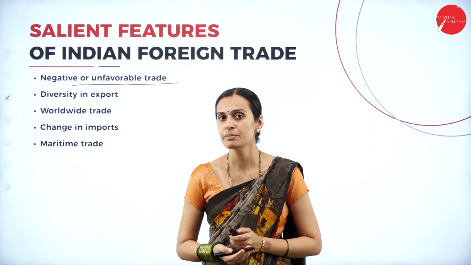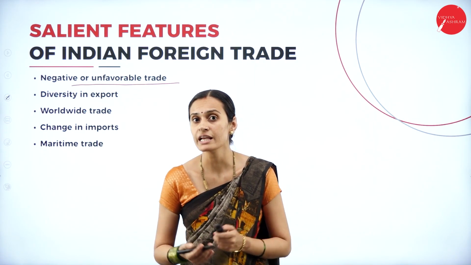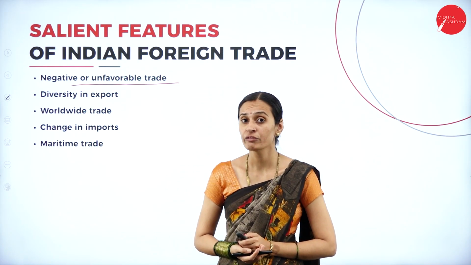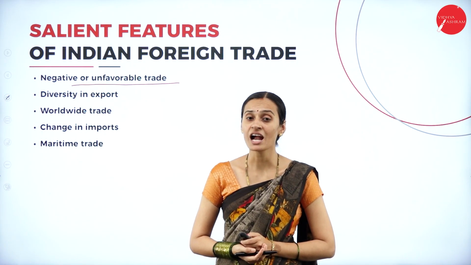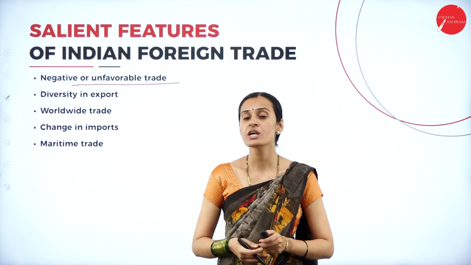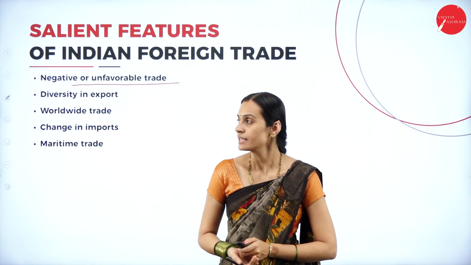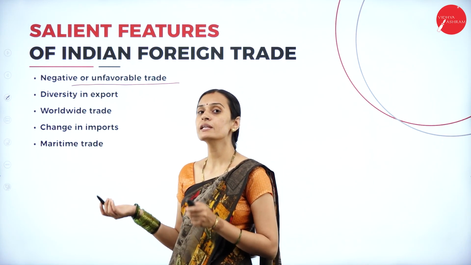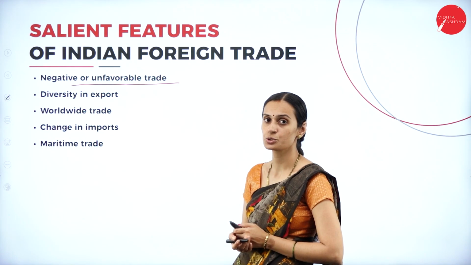Just after independence, we were depending on other countries for food and other essential items. And we were importing heavy machinery, agriculture equipment and mineral oils. So the import of all these items led to the highest gap in the balance of payments. Yes, of course, it will be negative and unfavorable trade in the foreign trade relationship.